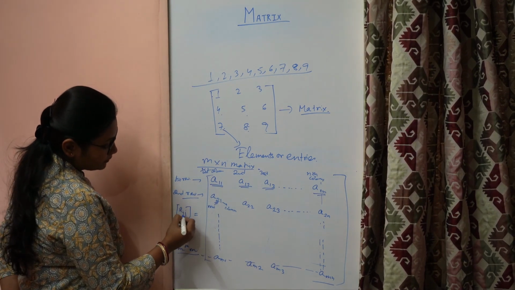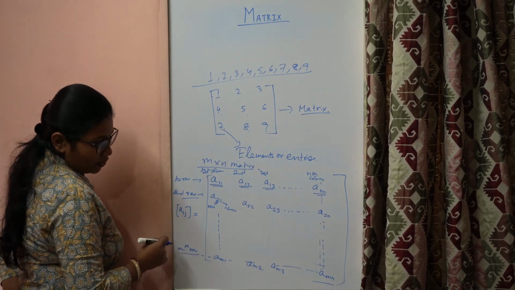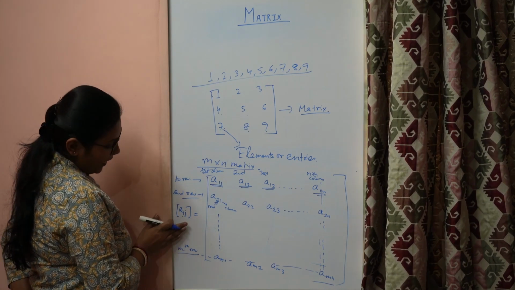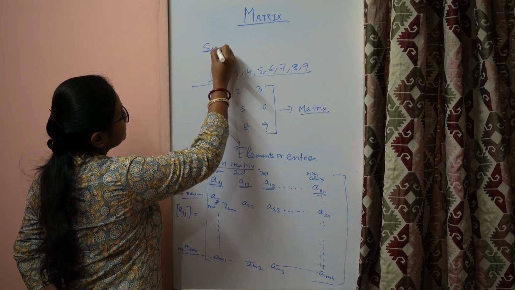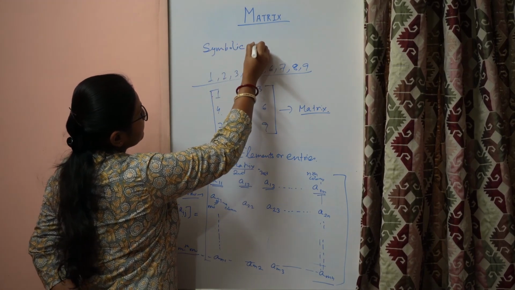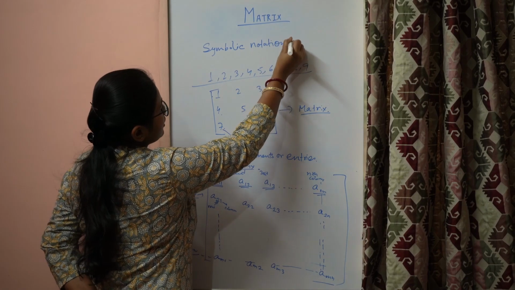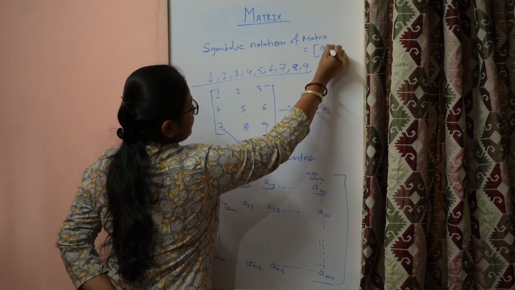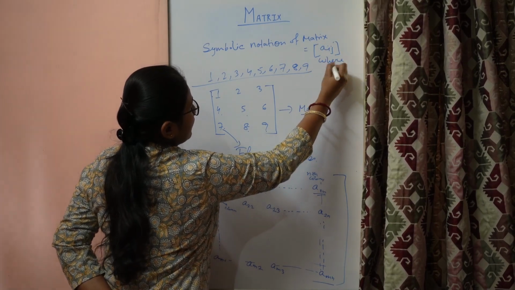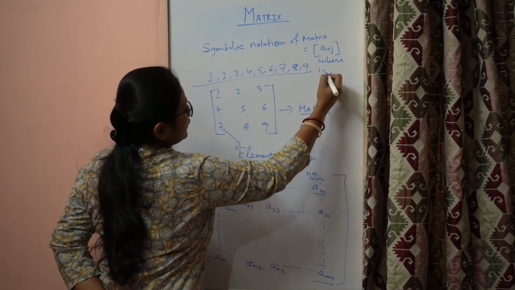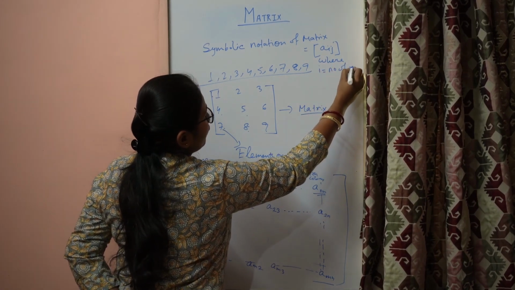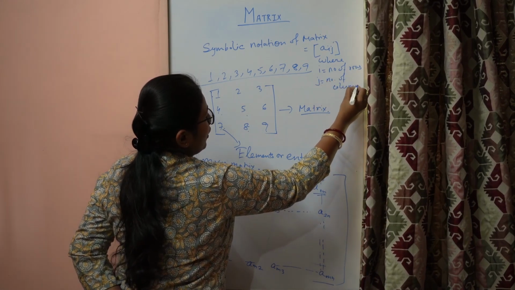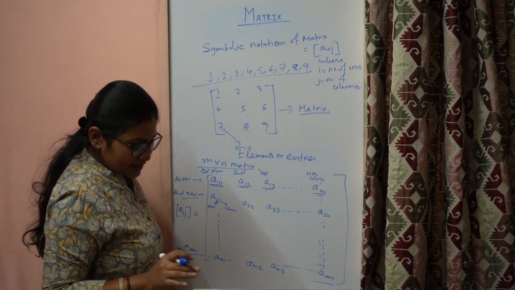This is the symbolic notation of a matrix: [aij], where i is the number of rows and j is the number of columns. Hope up to this it is still clear to all.